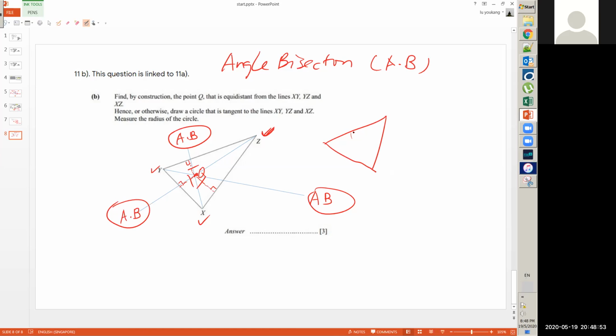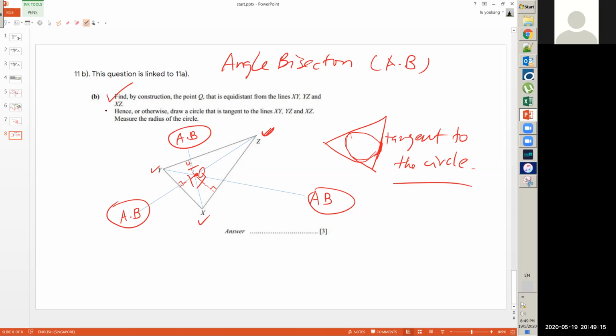Tangent means you draw the circle like this, so this line is tangent to the circle. You know what's the meaning of tangent to the circle? No. Tangent to the circle is, okay, so that means I have already taught you how to figure this part.